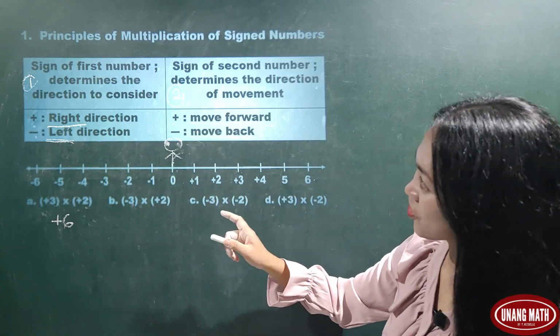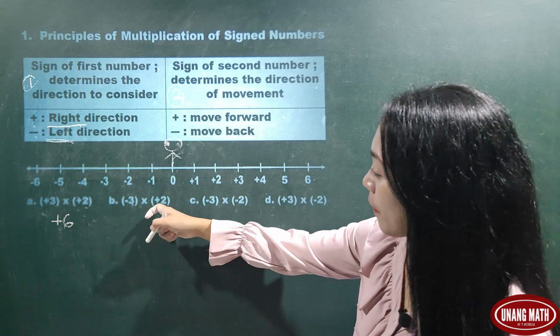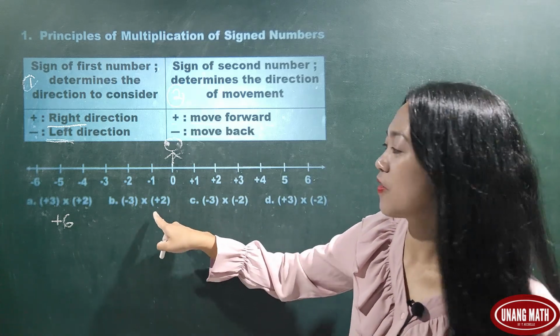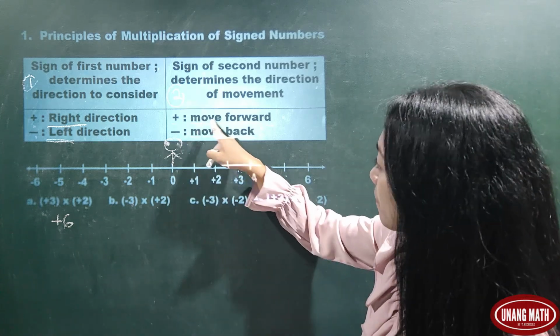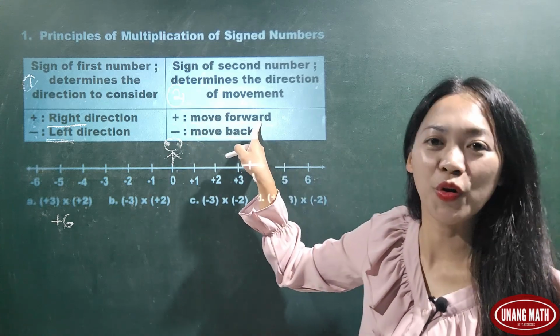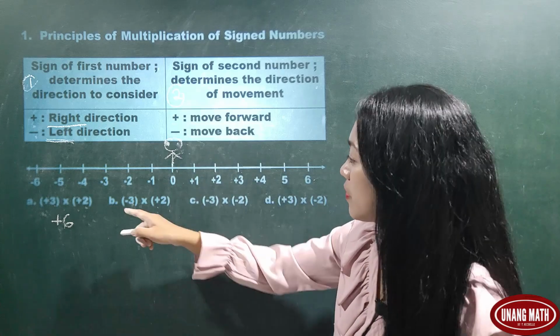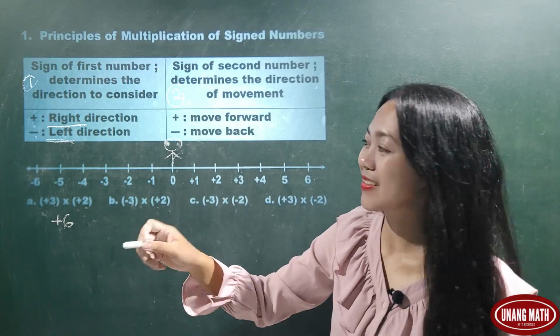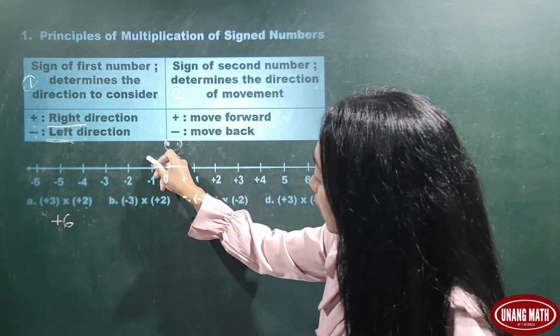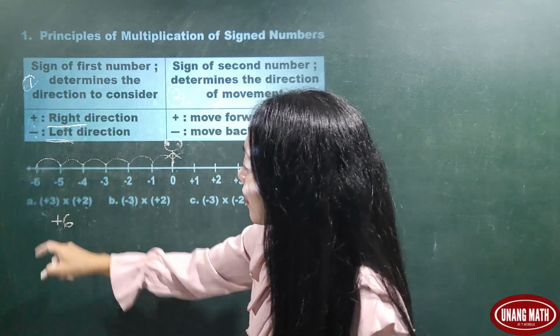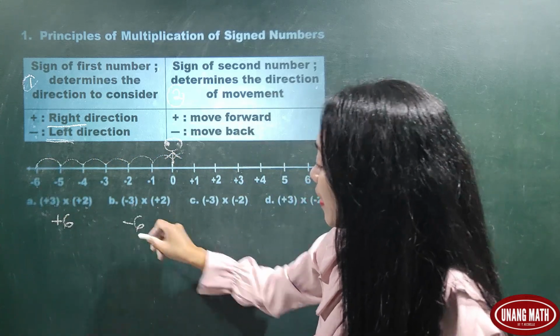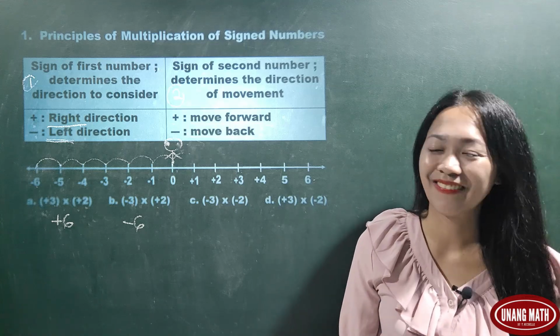Okay, now let's check the sign of the second number. Positive 2. So this is positive. So that means we need to move forward. How many times? 3 times 2, 6. So from here, 1, 2, 3, 4, 5, 6. So the answer is negative 6.